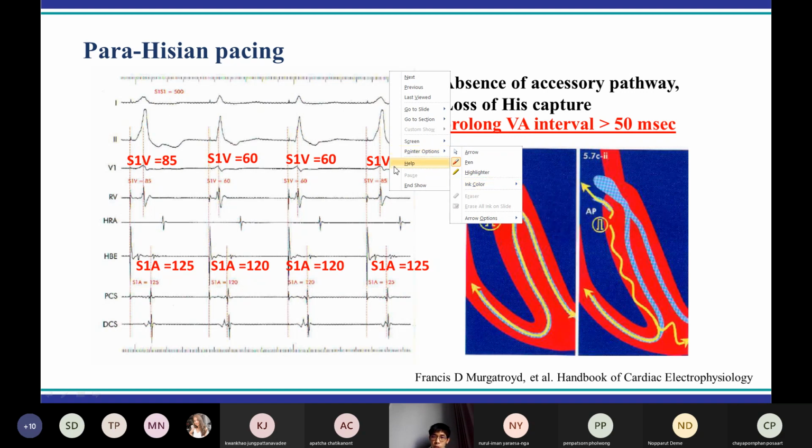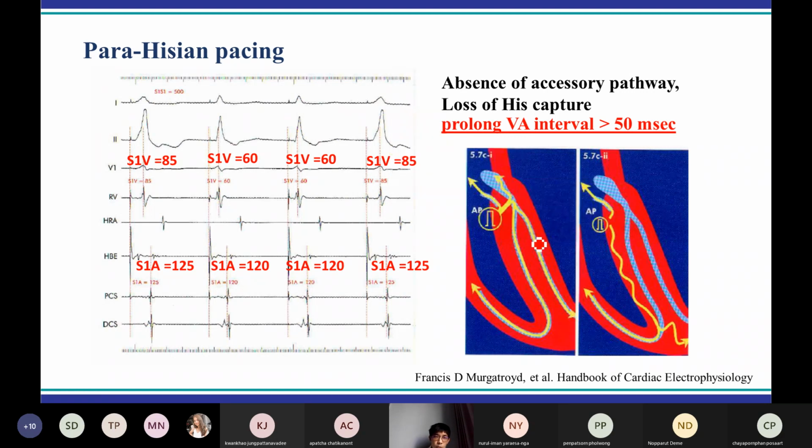You see that the QRS complex is quite different, because this is a low output beat. It captures myocardium more. The high output only captures the His region.